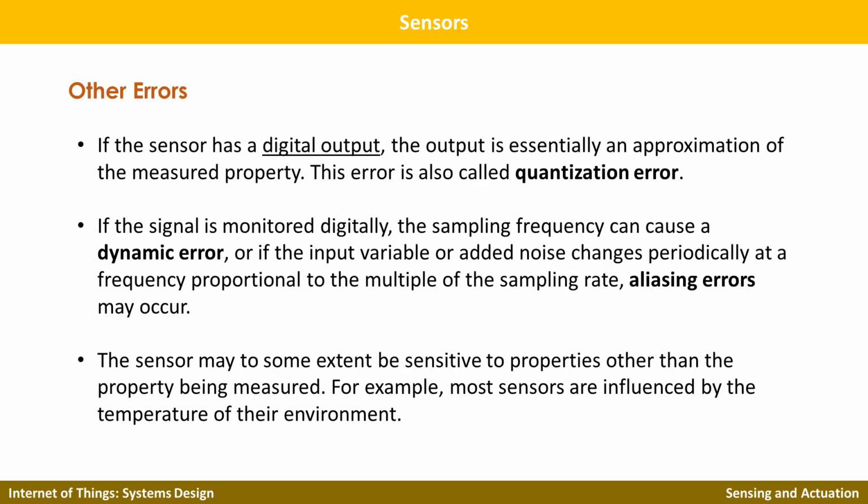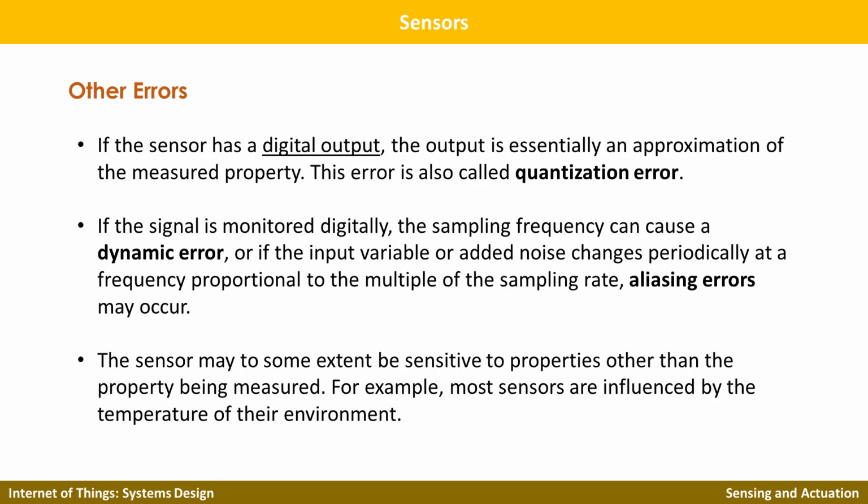Another type of error or deviation is a dynamic error. If the signals are monitored digitally, then the sampling frequency could cause an error. What this means is that when you're sampling, the actual measurement could be fluctuating.